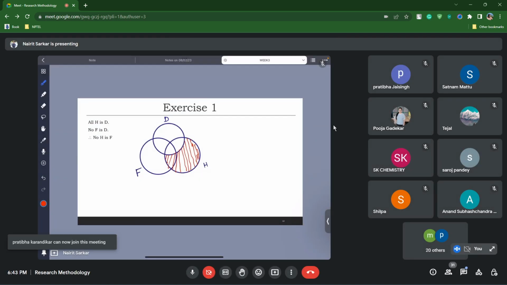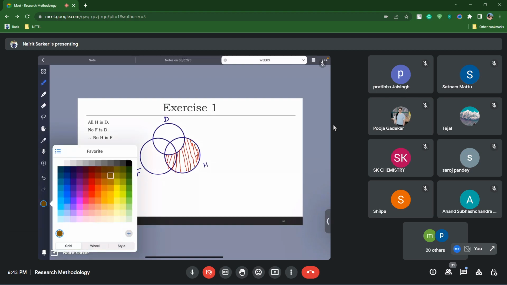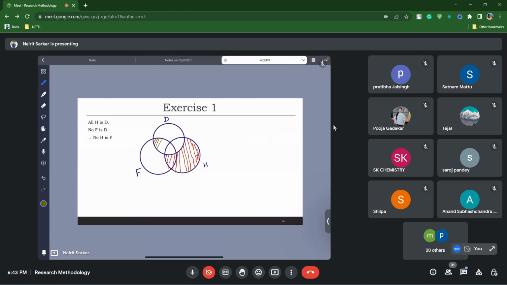We can use a different color for F and D. See, the conclusion here is no H is F. If this is H and this is F, that means no H is F, so the Venn should look like this.